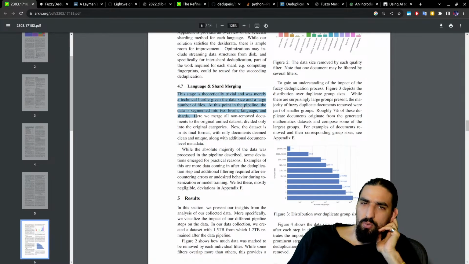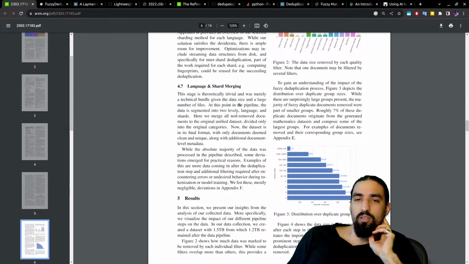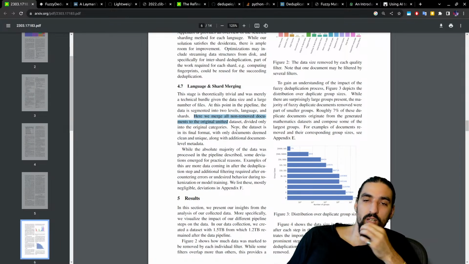This stage is theoretically trivial and was merely a technical hurdle given the data size and the large number of files. At this point in the pipeline, the data is segmented into 2 levels, language and shards. Here we merge all non-removed documents to the original unified dataset, dividing only into the original categories. Now the dataset is in its final format with only documents deemed clean and unique, along with additional document level metadata.